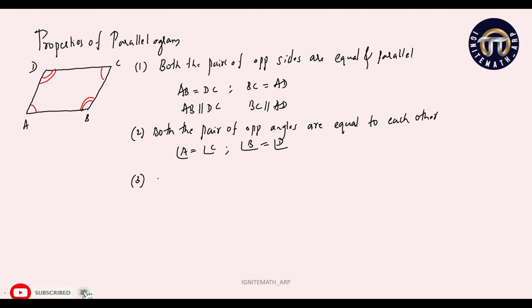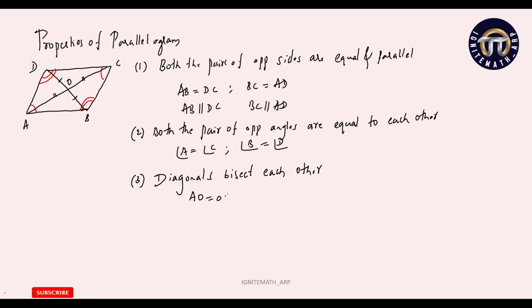And the very important property is: diagonals bisect each other. When I draw AC and BD, they bisect each other. Bisecting in the sense they divide each other into equal parts. So here I can say that AO is equal to OC and DO is equal to OB.